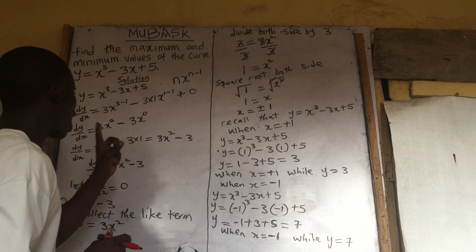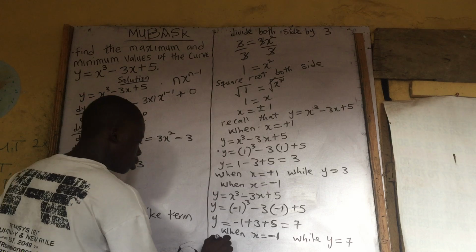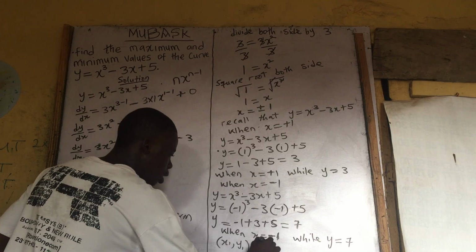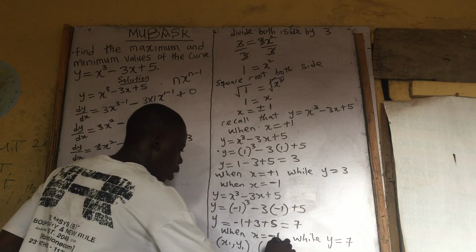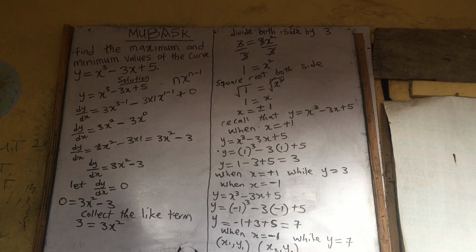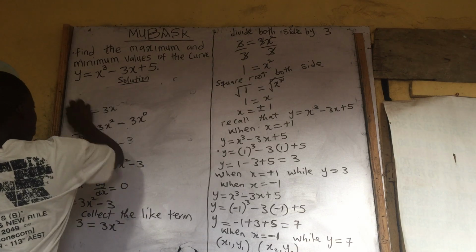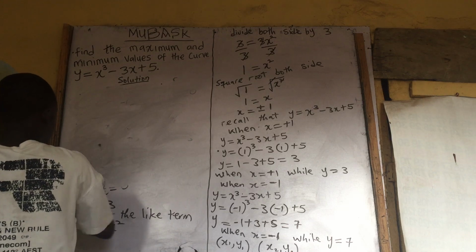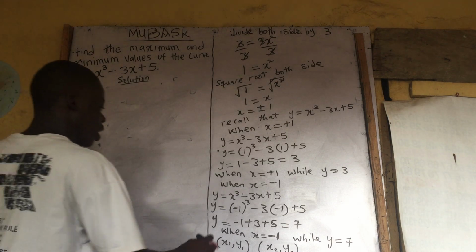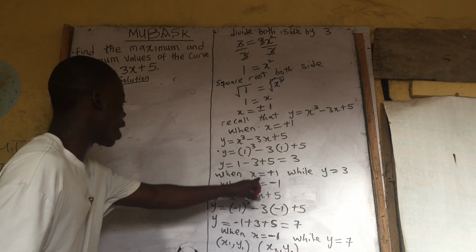To find our maximum, let us use the points (x1, y1) and (x2, y2). What is our x1?